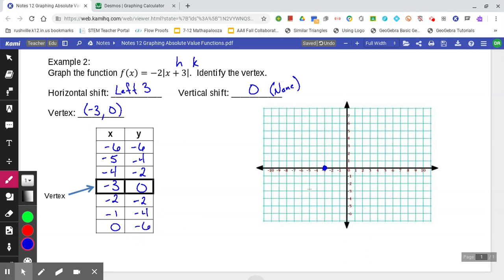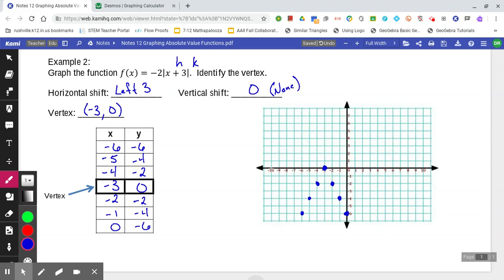So very simply here, we can plot these points.